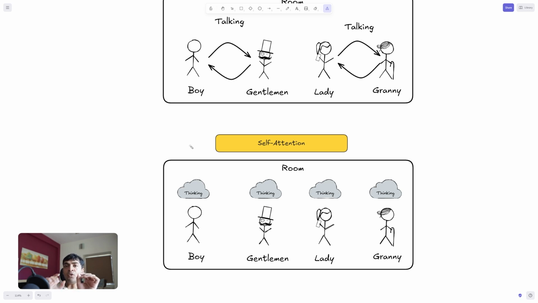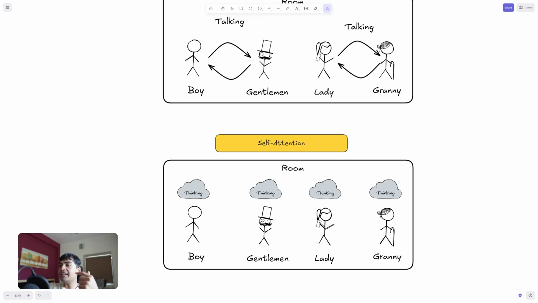So we take our tokens and we give them to our self-attention layer. Our vectors are given to the self-attention layer, and what it enables them to do is think. They can look at the different tokens and different vectors and see what their characteristics are. So the boy can look at the gentleman and think, okay, the gentleman has a mustache.